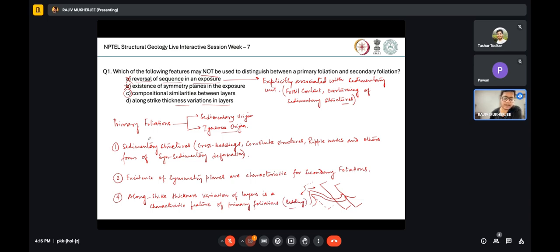So along strike variation will automatically tell us which one of the following is a secondary foliation and which is a primary foliation.